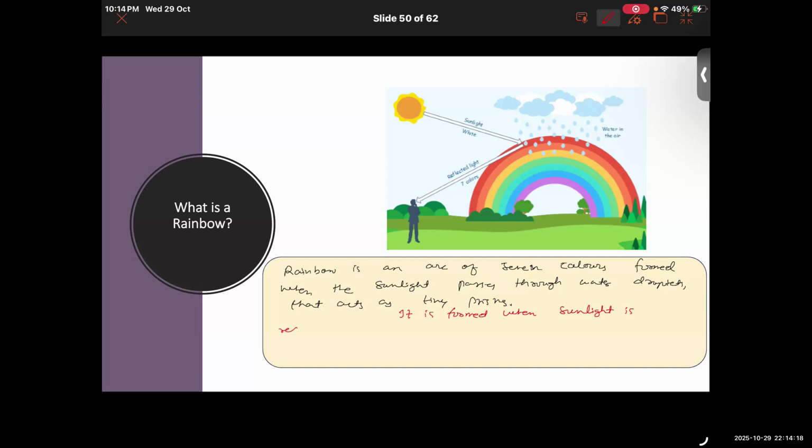Refracted means it bends, simply. Then it disperses into its colors.